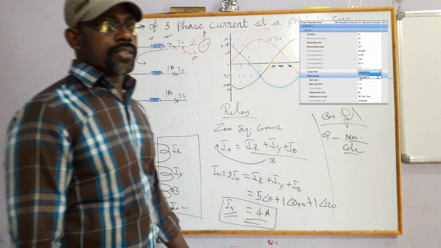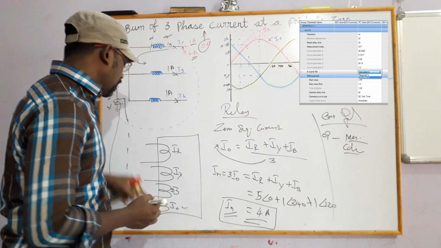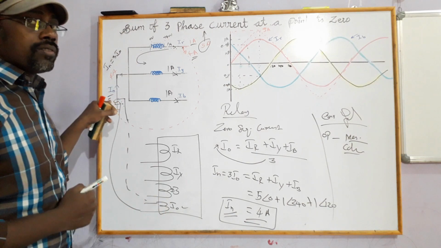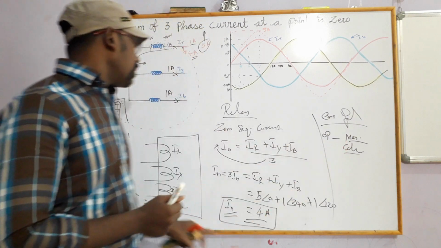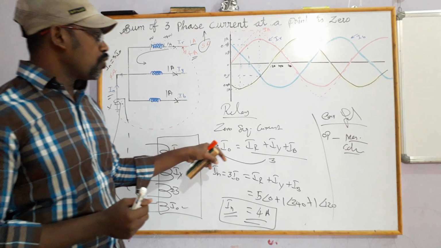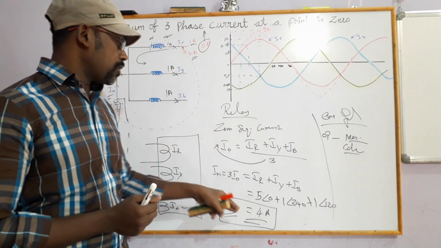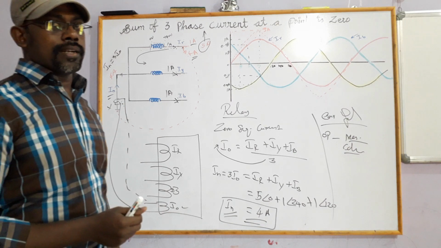If you select measure, then it will take from the CT. When you have the CT, then you can choose measure. If you select calculate, then it will take the phasor current. From the phasor current, it will calculate the zero sequence, and from the zero sequence, it will calculate the neutral current.